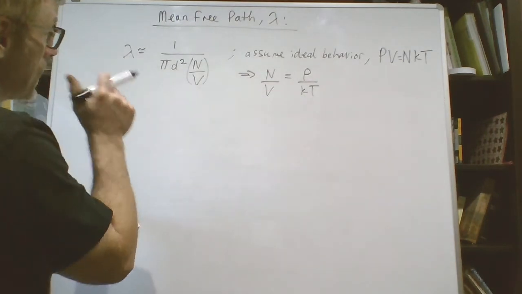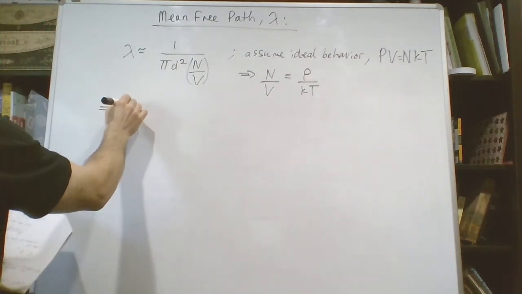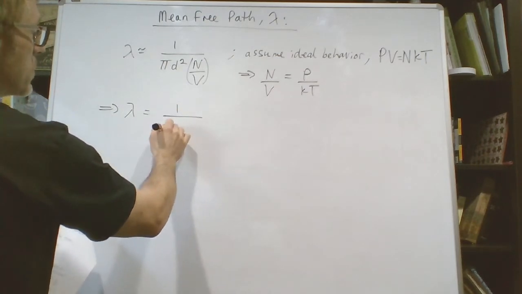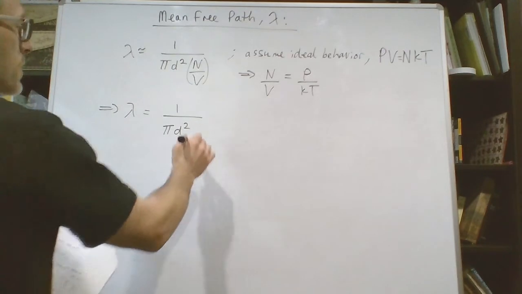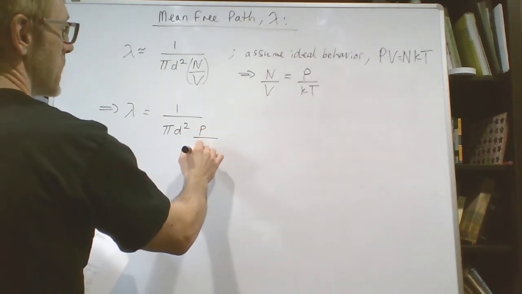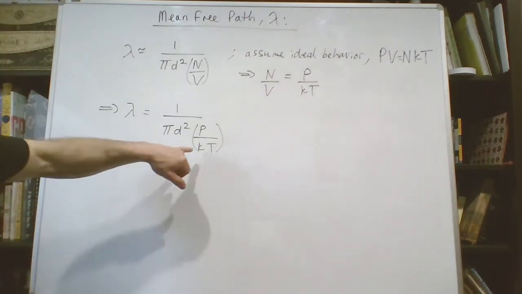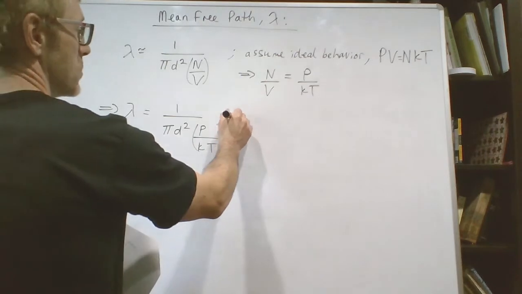So instead of N over V, let's write this. This implies that the mean free path is 1 over pi d squared times P over kT. Now notice that the kT is a double denominator, so it's going to wrap around to make a numerator.